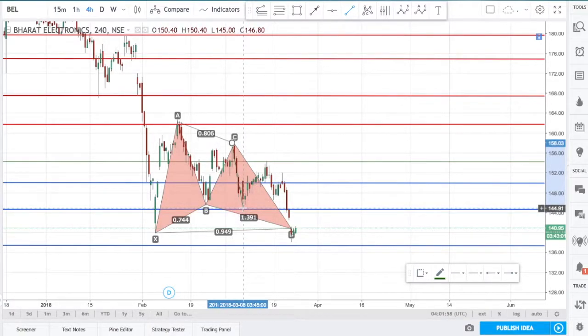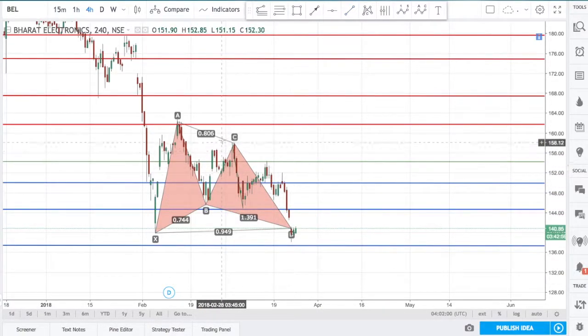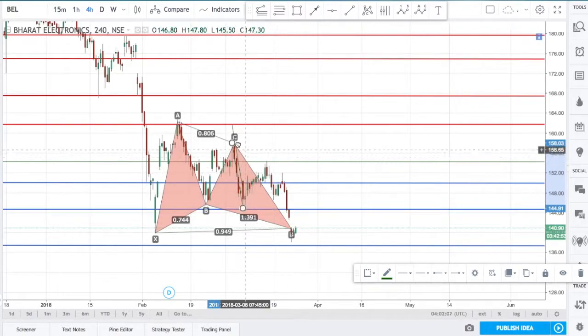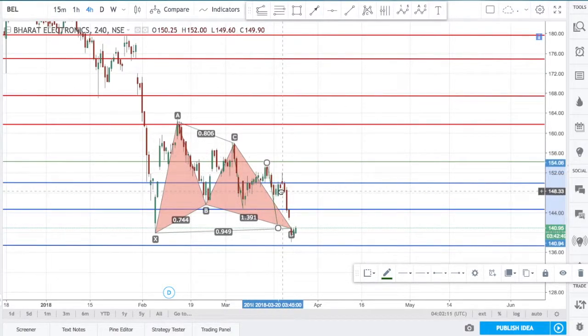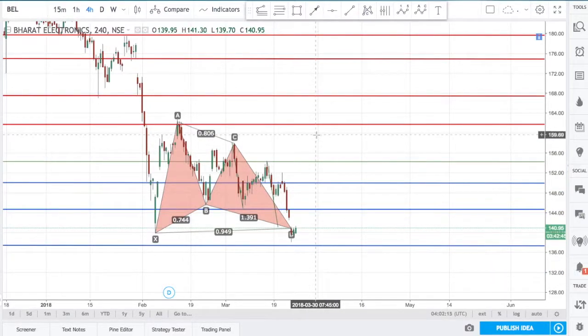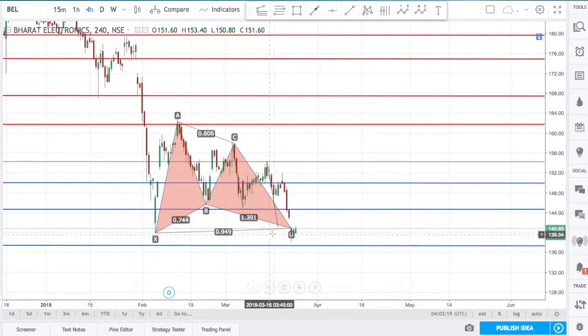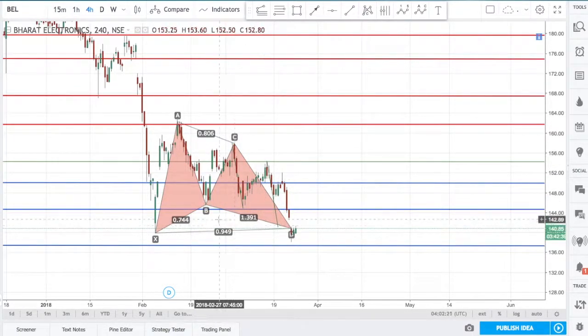This is our initial down leg, the retracement, and let's see our CD leg terminates right at the termination point of the pattern, which is a good enough reference for us.